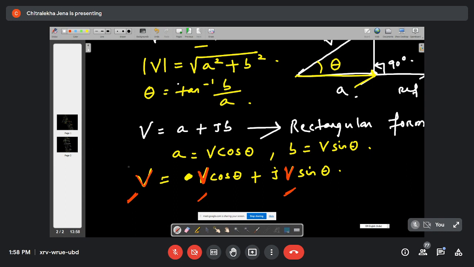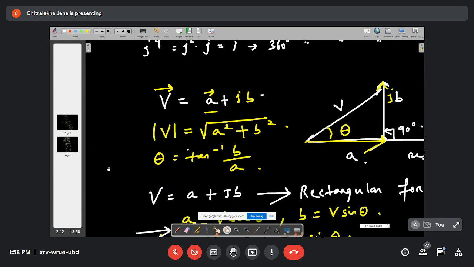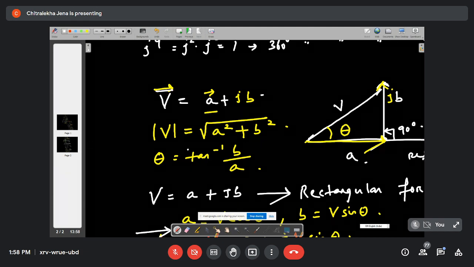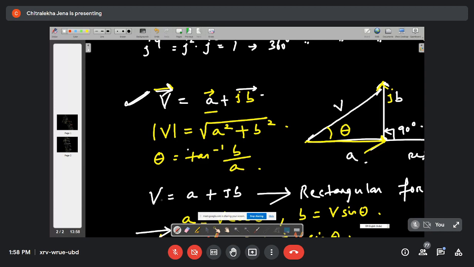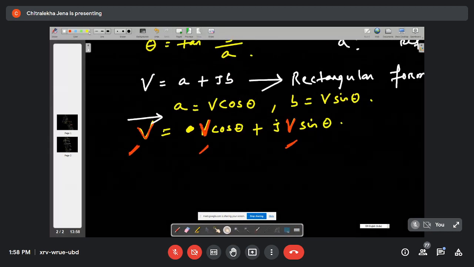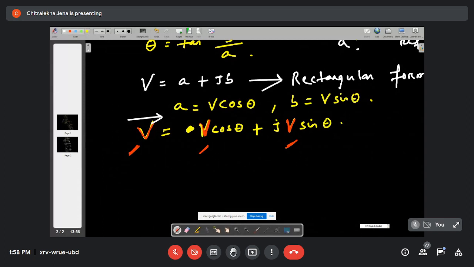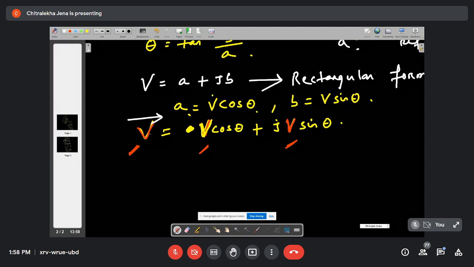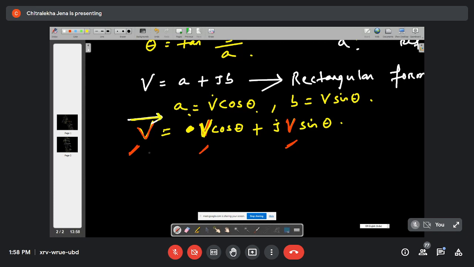This is your vector. I have substituted this in A plus jB. So this V is my vector, and this V is nothing but your magnitude V. A is equal to V cos theta. What is this V? This V is the magnitude, and we are putting it in the vector notation. Understood all of you?